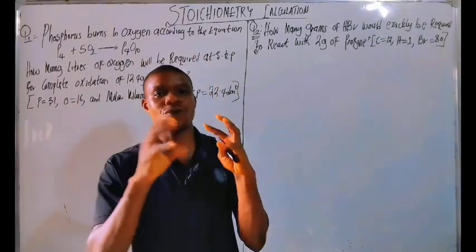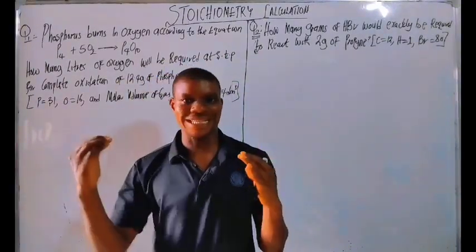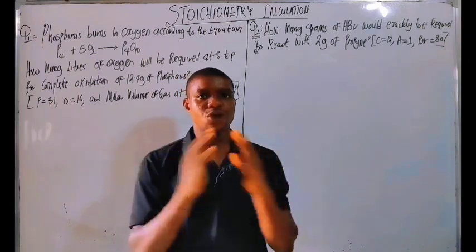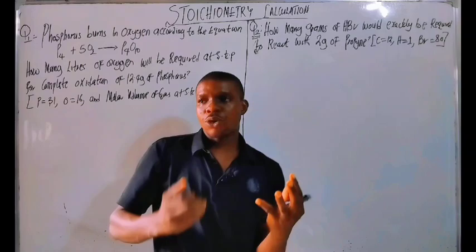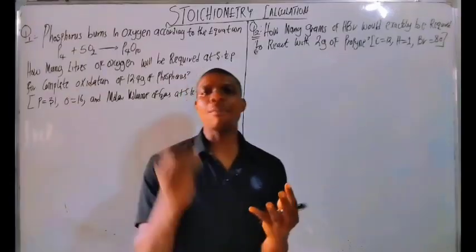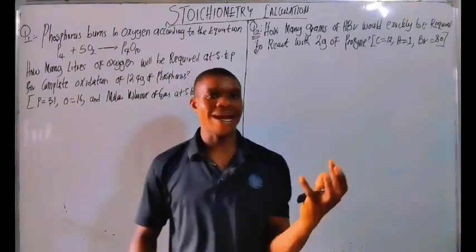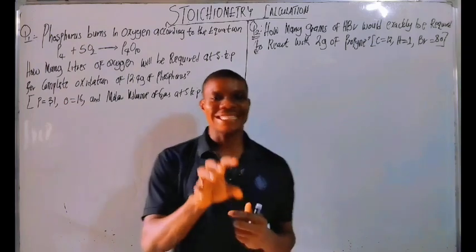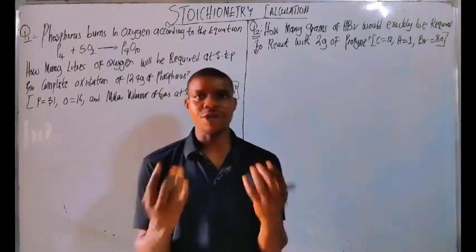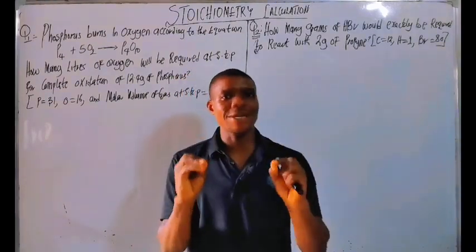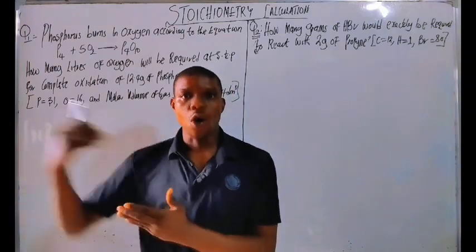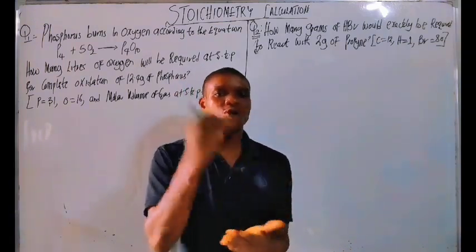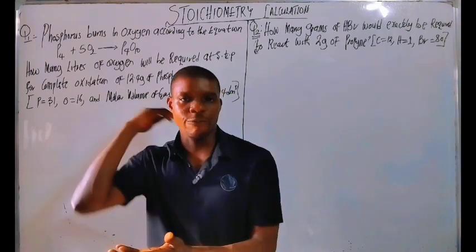It tells how much of a substance you need to produce a product, or how much of a product is produced when you react the reactants. When it comes to stoichiometry, it is used to calculate the amount of product produced or the amount of reactant needed to produce a certain amount of product.